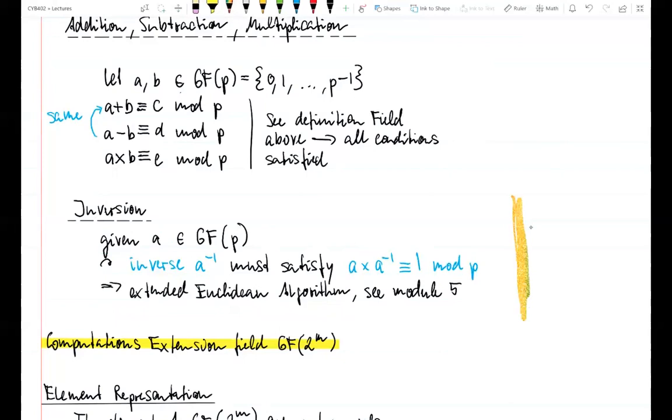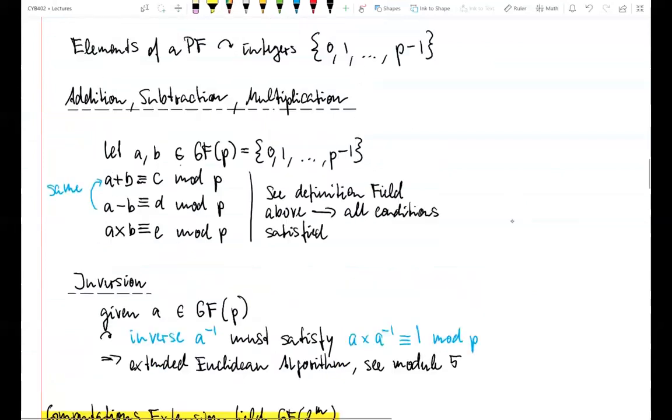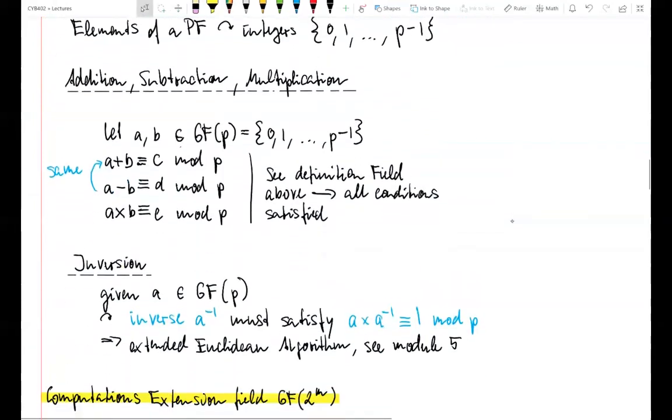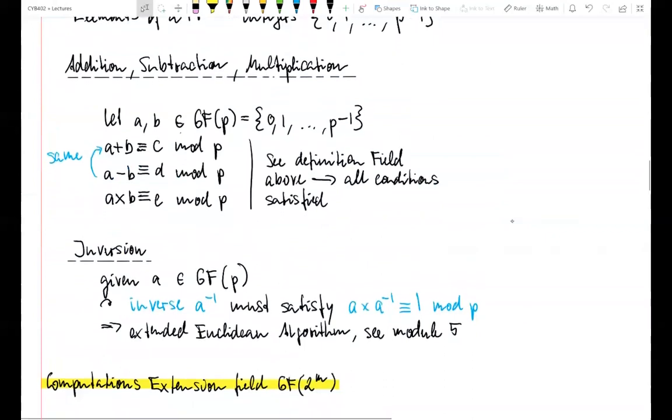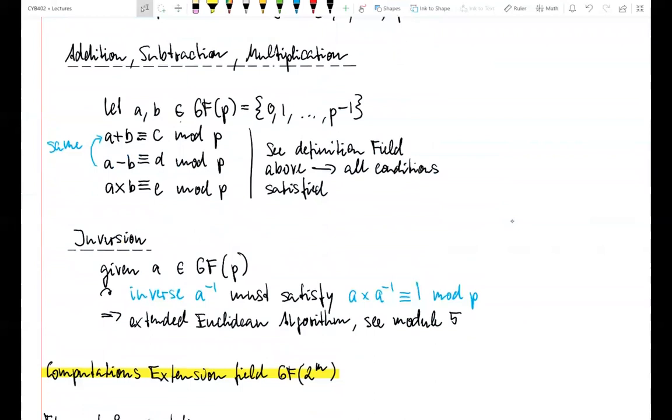So in prime fields, all four operations are defined. And again, I want to rub it in. It's not different from what we saw with rings, except that we have limited ourselves to the number of elements to be prime.